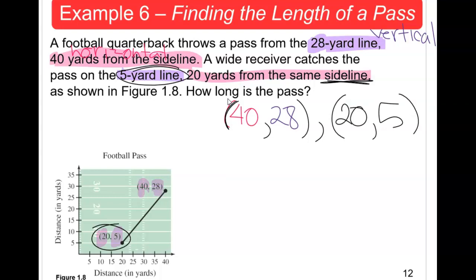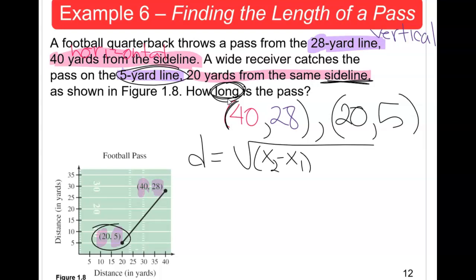Now we want to find how long is the pass. So the question how long, it indicates length. And for that we will be using the distance formula. So I'm going to write the formula here again. So we need the difference of the x values and the difference of the y values. This is not midpoint, and we cannot put x there, it needs to be y.